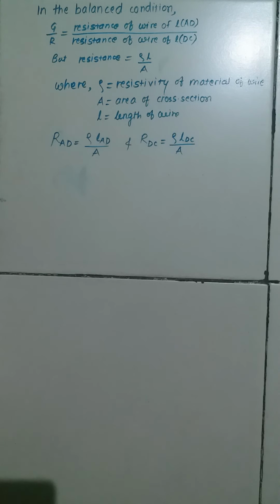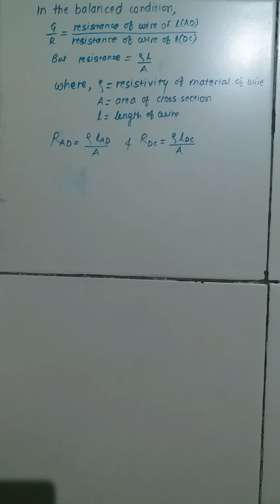Using the balanced condition, we get G upon R is equal to resistance of wire of length AD upon resistance of wire of length DC. But resistance is not given directly, so we will use its formula. Resistance is equal to rho L upon A, where rho is the resistivity of the material of the wire, A is its area of cross section, and L is the length of the wire. So according to length, its resistance will change.